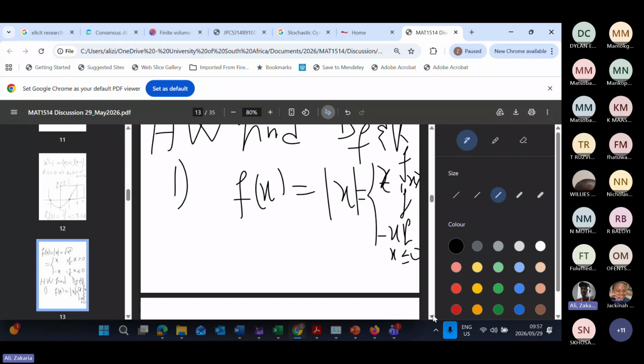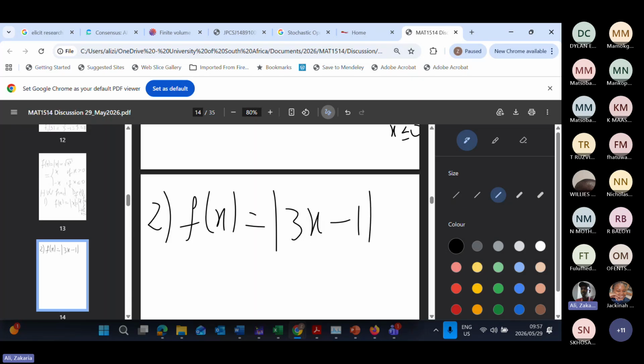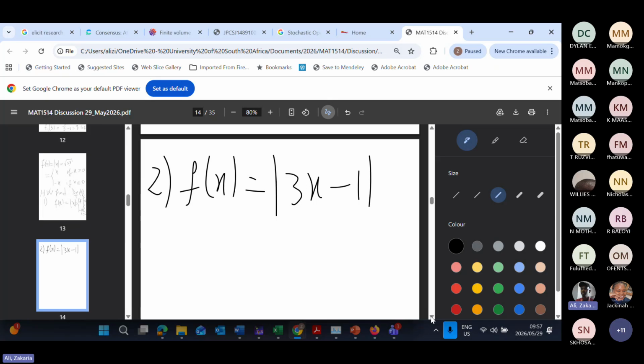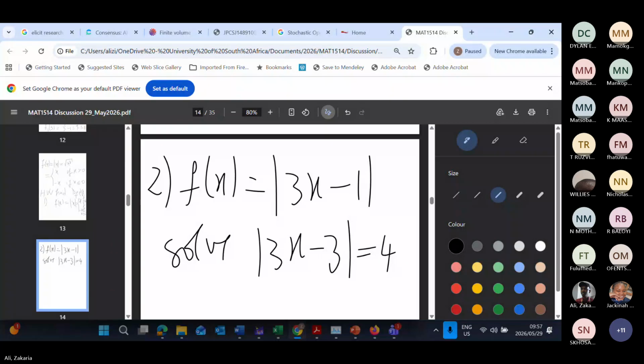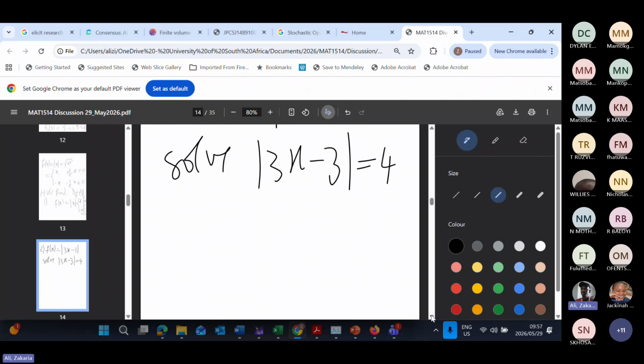I will give you another function. Number 2: f of x equal to the absolute value of 3x minus 1. You also find the domain and range for this one, and in addition to that, solve the absolute value of 3x minus 3 equal to 4.